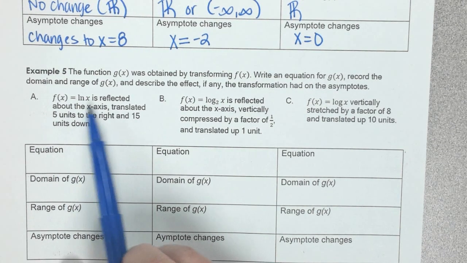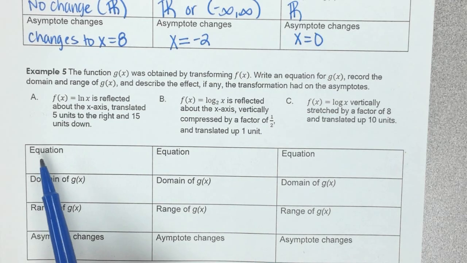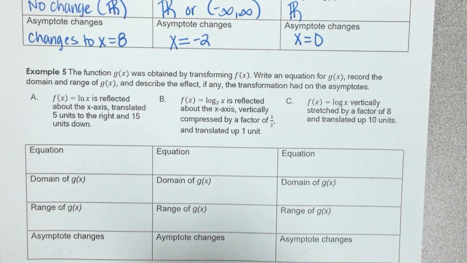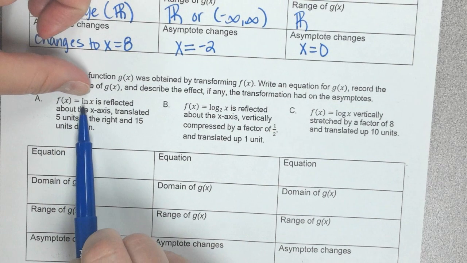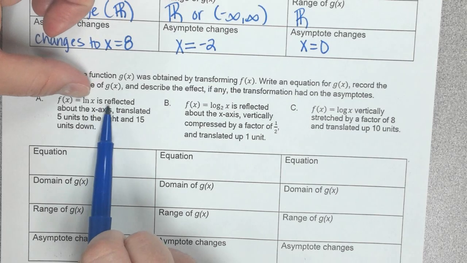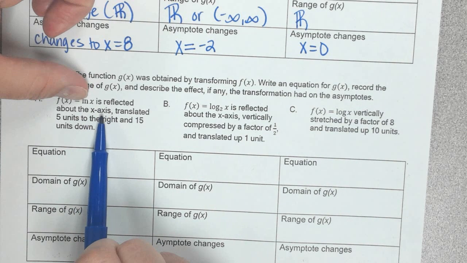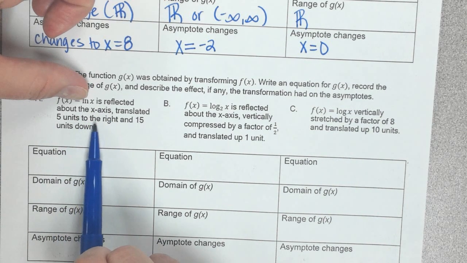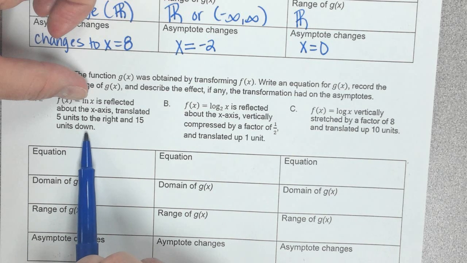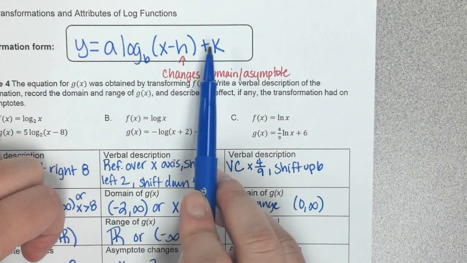We have the description, and we're going to build the equation, and then give all this stuff, okay? So our f of x is natural log of x, ln x, and it's reflected over the x-axis, translated 5 units to the right, and 15 units down. So we're just going to plug stuff in to this up here.